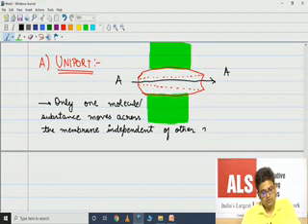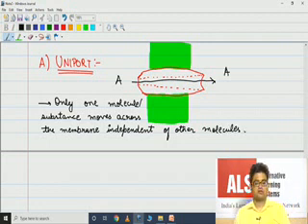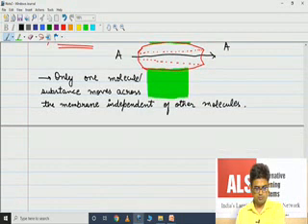So it is not affected by other molecules. It is called uniport. Next, symport.